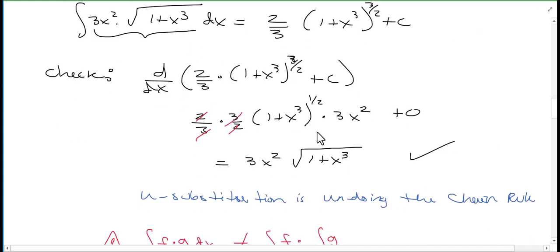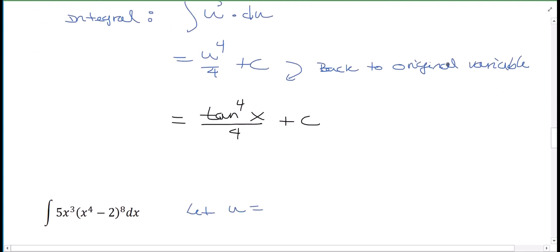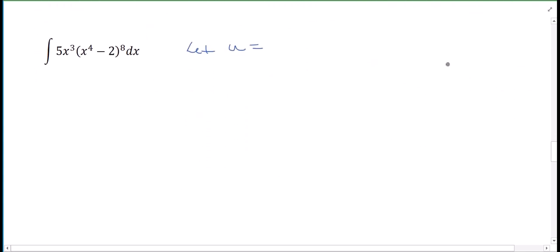And here, we let u be tangent x. So technically, you could write this as tangent x to the third times secant squared x. So oftentimes the u is what's inside a parenthesis of sorts.